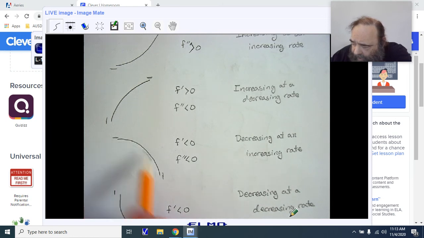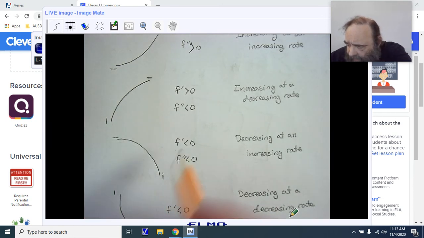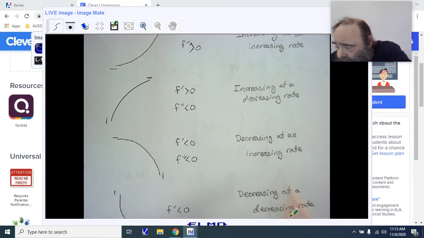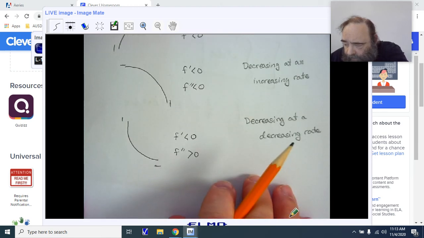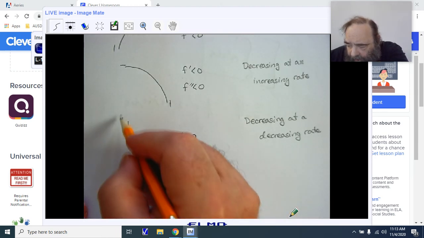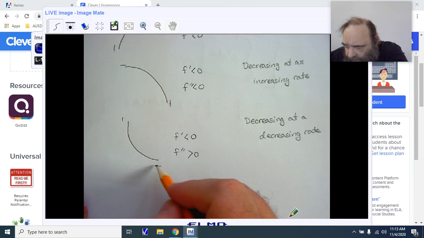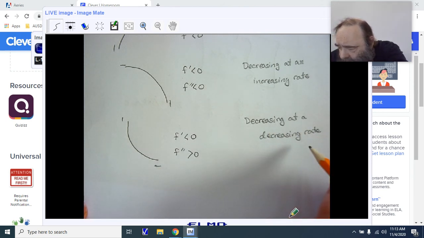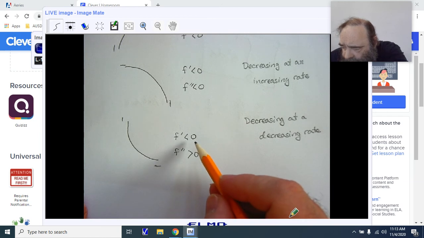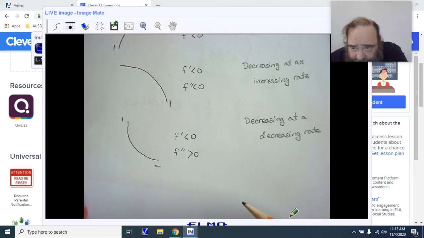Coming from 0 toward negative infinity, having a first derivative that's negative and a second derivative that's negative, decreasing at an increasing rate. Coming in from a positive infinity, coming down towards 0, decreasing at a decreasing rate, and we have our first derivative is negative and our second derivative is positive.